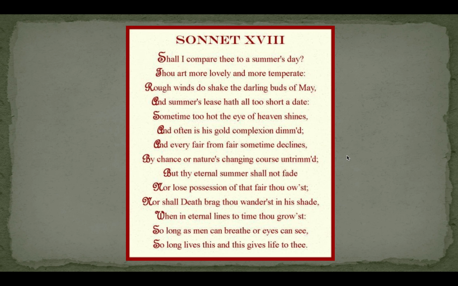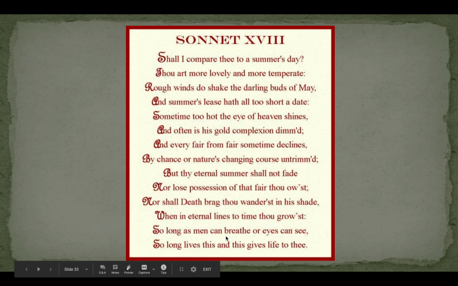So a poem can talk about how wonderful someone is, how beautiful someone is. Now, they're going to die. They're going to go away, but the poem lives on. It lives on. So long as men can breathe or eyes can see the poem. So long lives this, the poem, and this, the poem, gives life to thee.